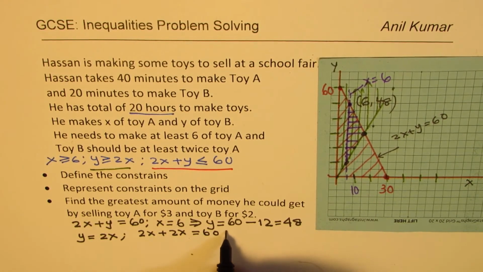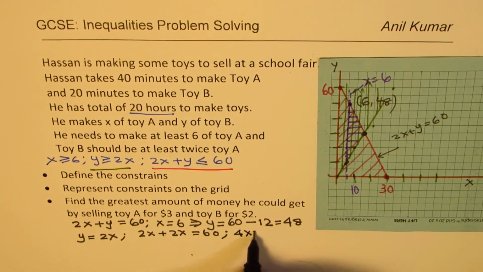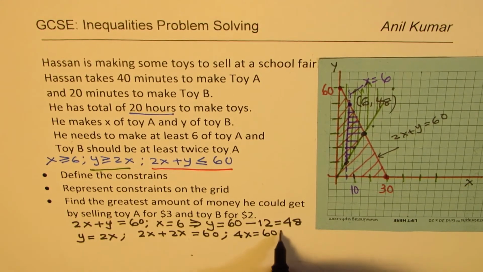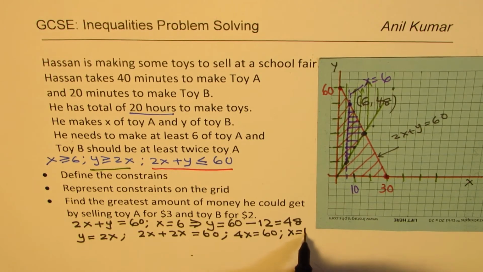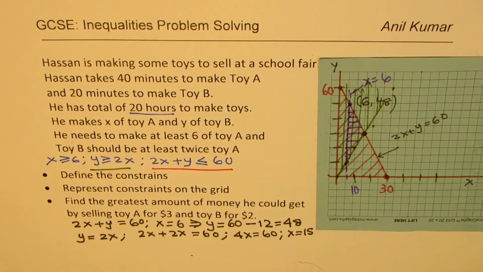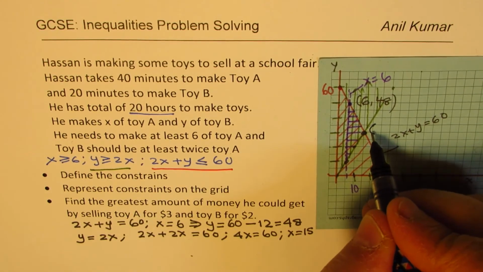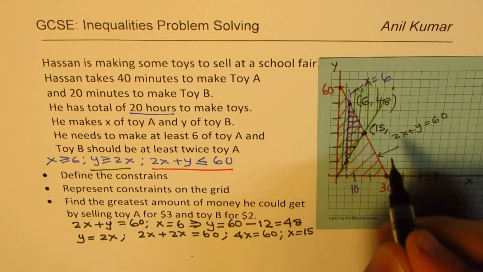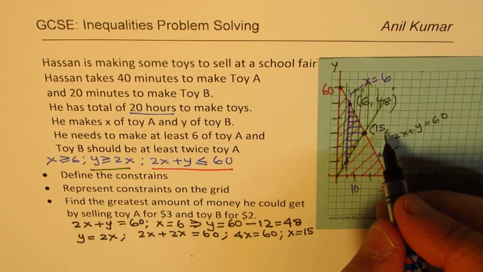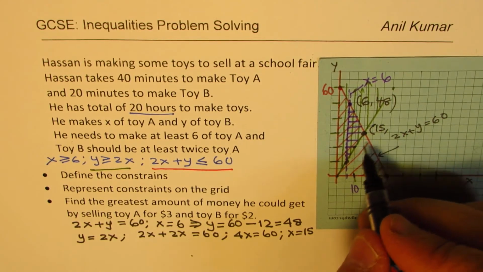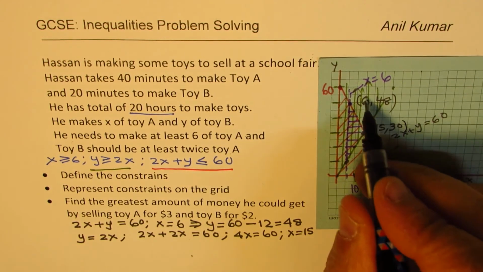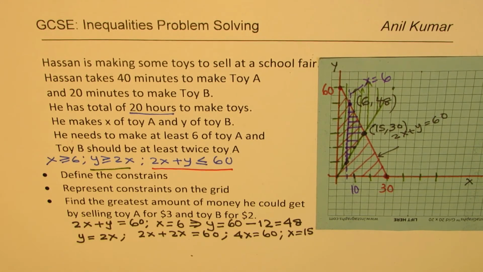So that gives me 4x equals to 60, and that means x equals to 15. 60 divided by 4. Is that clear? So this particular point here is x is 15 and y value will be twice 15, which is 30.